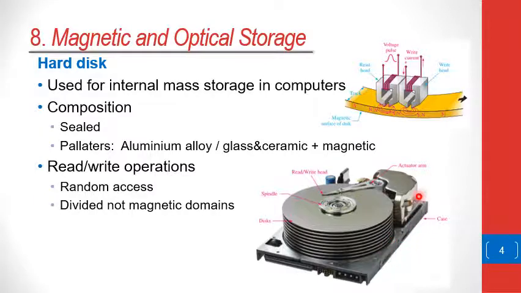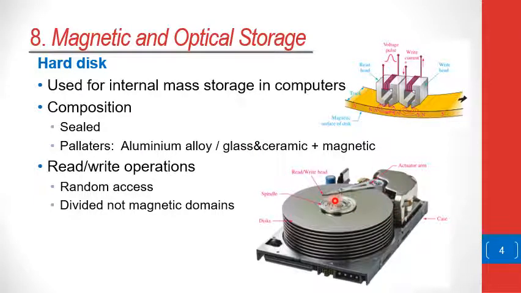The case is sealed to make sure that it's dust-proof, so that the dust doesn't get between the disks, because the spaces are very small between the disks themselves and the read head. The disks themselves are made up of an aluminum alloy or a mixture of glass and ceramic, and then obviously coated with a magnetic material on top.